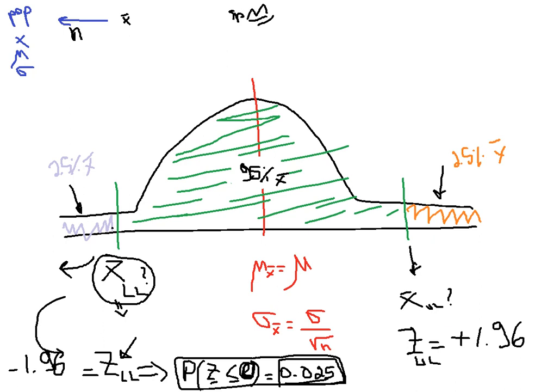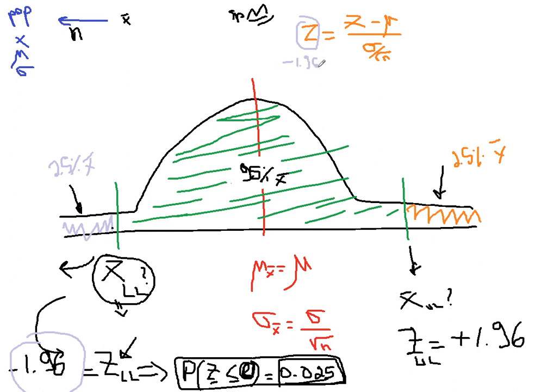Well, remember the formula. The formula says that Z is equal to X bar minus mu over sigma divided by the square root of n. Right? Okay. Now we found that Z lower limit is negative 1.96, so I can plug in here negative 1.96.